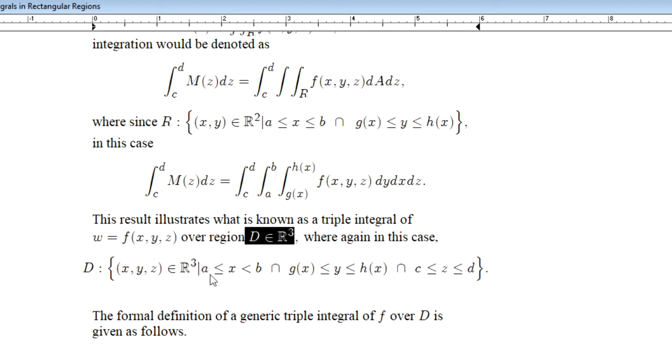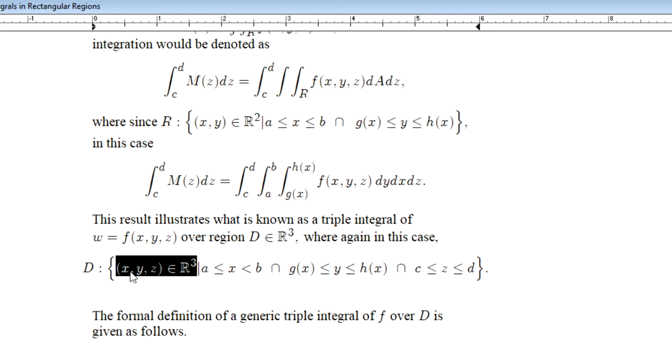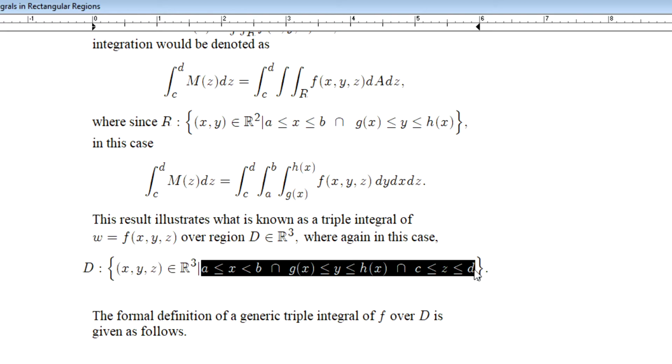In this particular case, D, that 3-dimensional description of space, is given by these coordinates x, y, and z in 3 dimensions, such that we've put these limitations on x, y, and z.